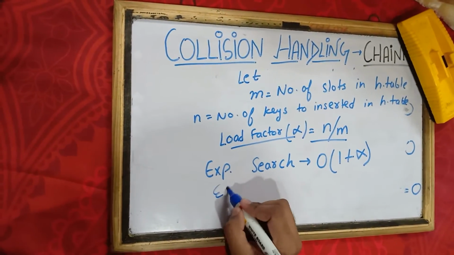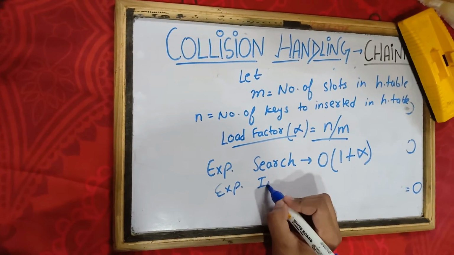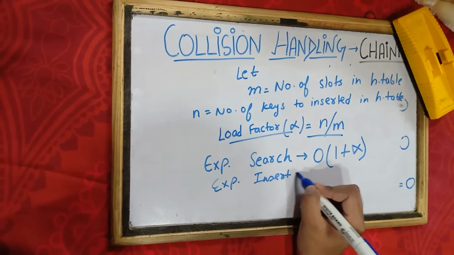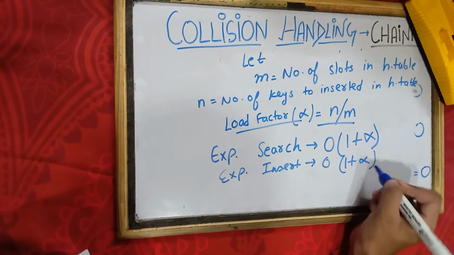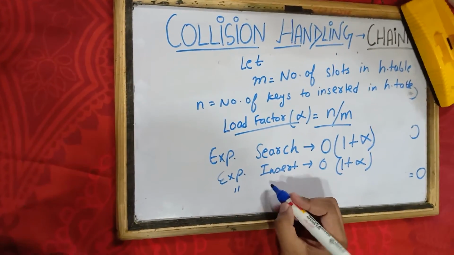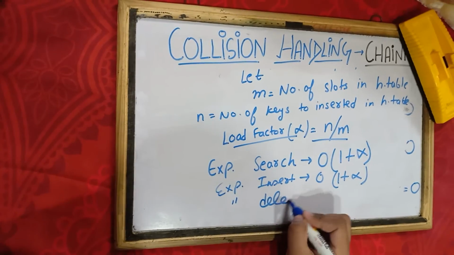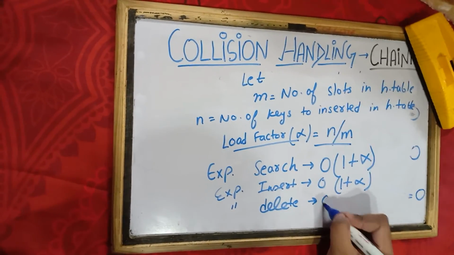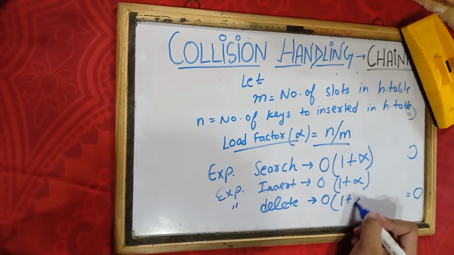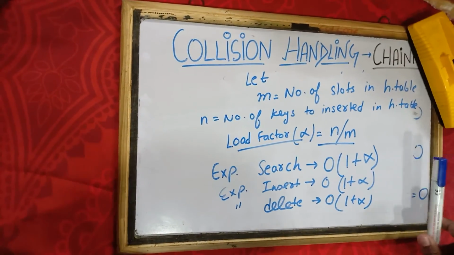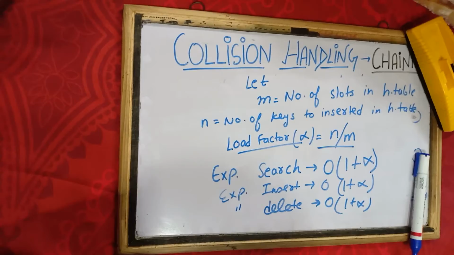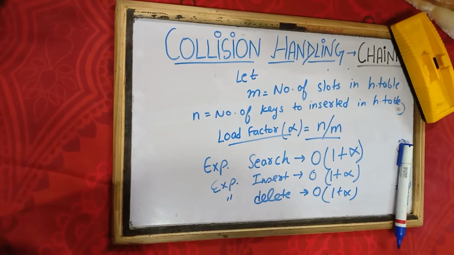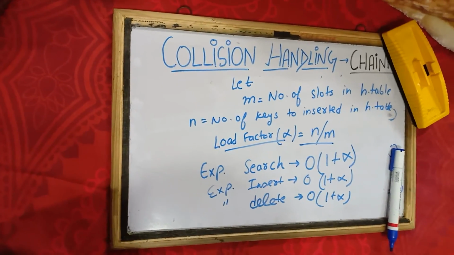The expected time to insert will be big O(1 + alpha) again, and the expected time to delete would be the same, big O(1 + alpha). So the time complexity of search, insert and delete is big O(1) if alpha is big O(1).